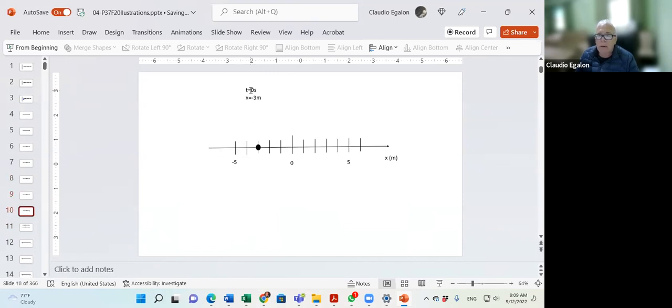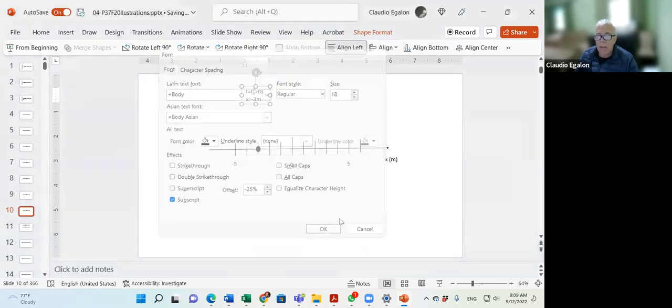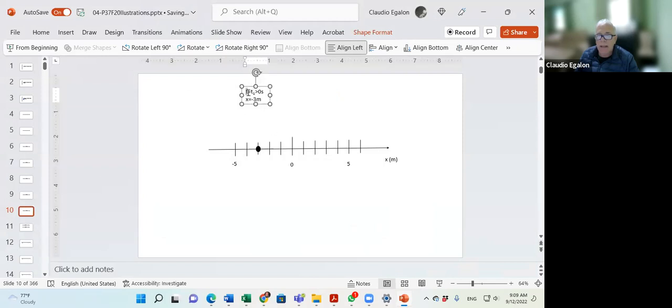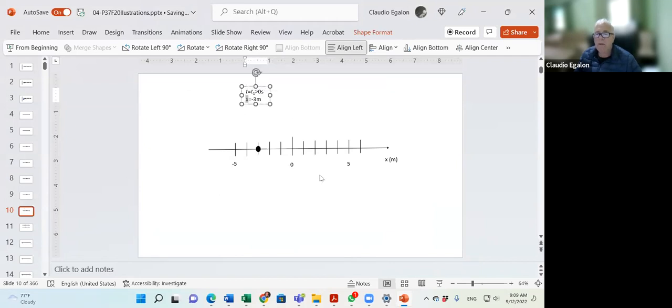Now, a little bit later, I'm going to put t1, t1 greater than 0 seconds. t1 can be 1 second, 2 seconds, 3 seconds. In physics and math, we like to work with symbols, that's why we write down t1, to make it look nice. I'm going to put it in italics here.